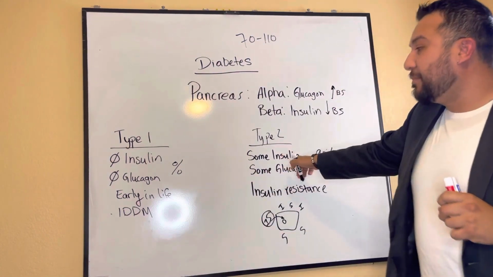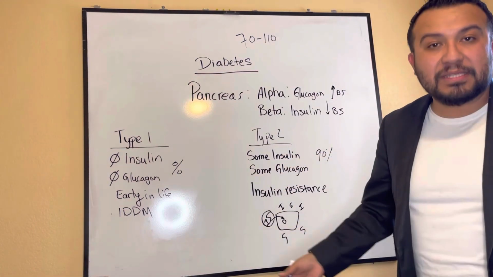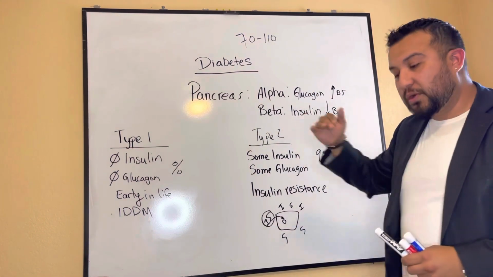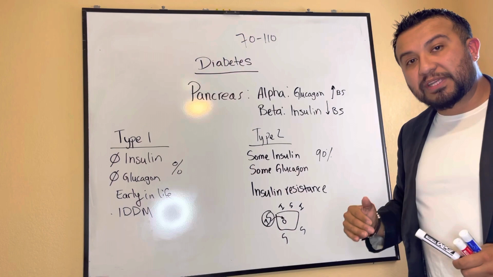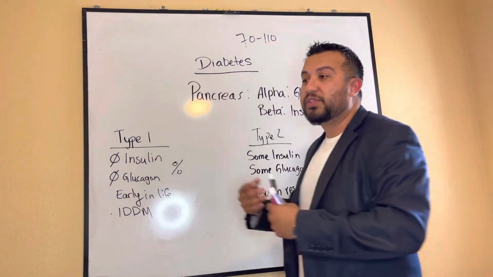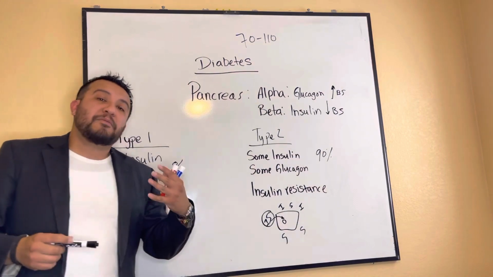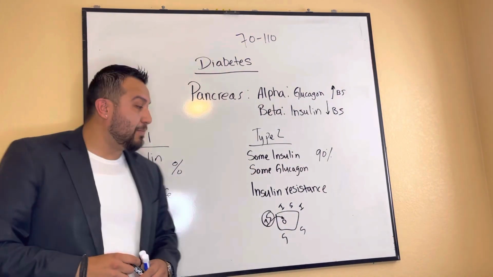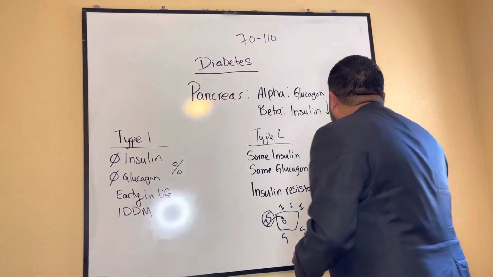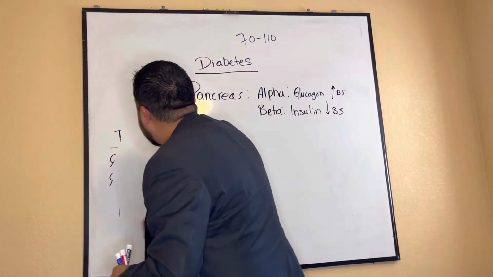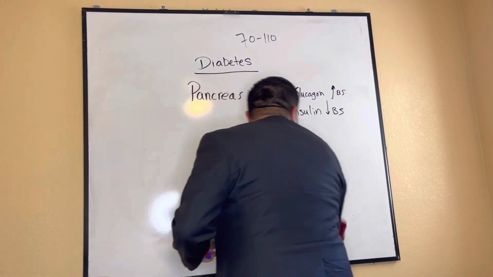Eventually, type 2 diabetes will require some insulin injections when that percentage of those hormones of insulin starts decreasing. And food consumption, or snacks, or carbohydrates, both simple and complex, become very important, which we'll discuss in just a bit.